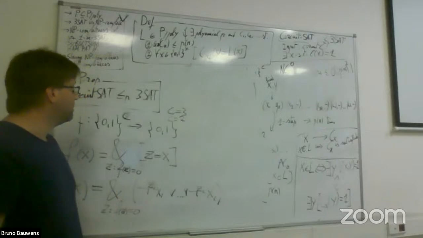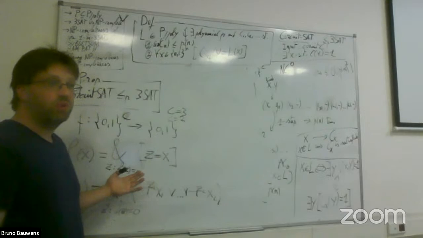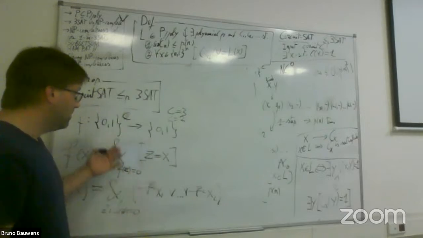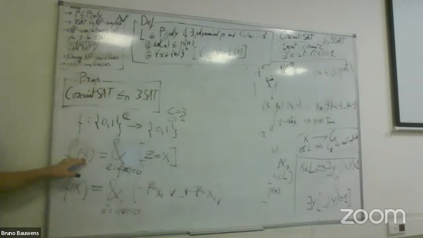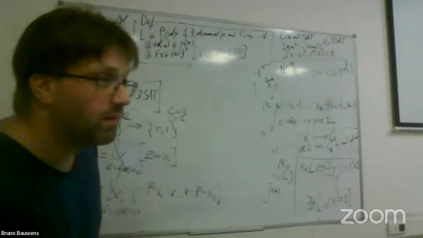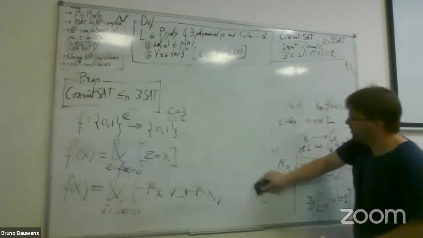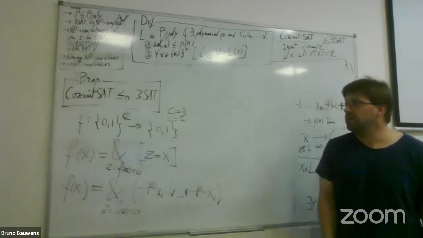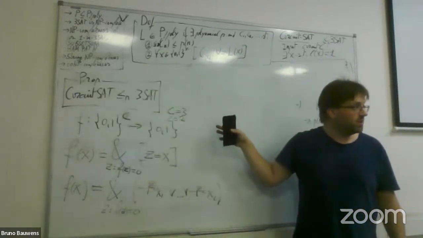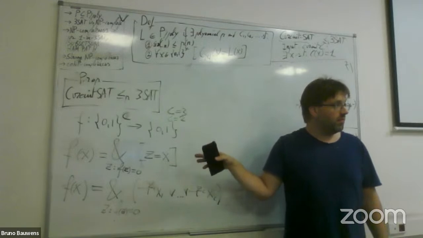No, I still need to tell the reduction. c is not related to the circuit. I just want to point out that I can use, for every function with 3 arguments, a 3CNF formula in my construction that evaluates the function.